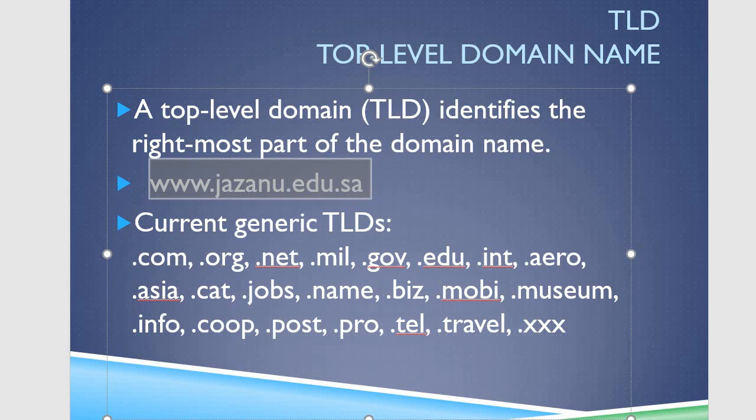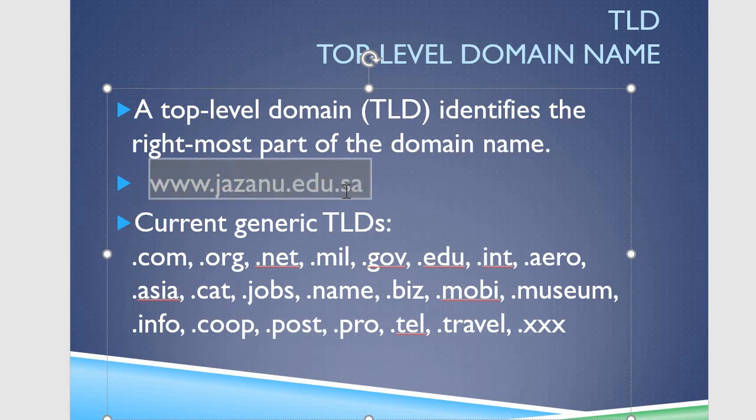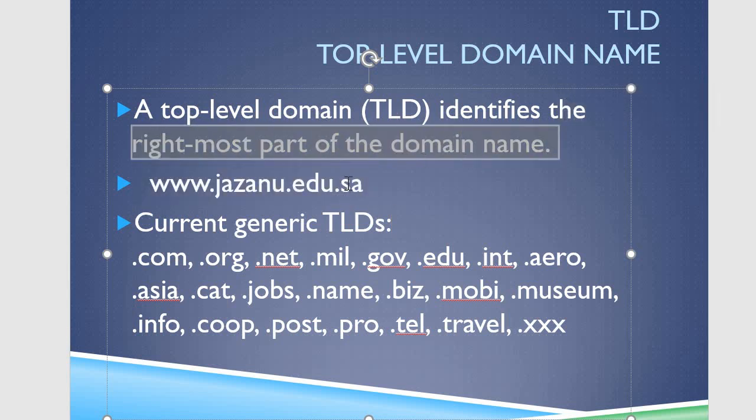Which is the top level domain of this website? .sa. See here, .sa. So what is top level domain? The rightmost part of the domain name. What is the rightmost part of jazanu.edu.sa?